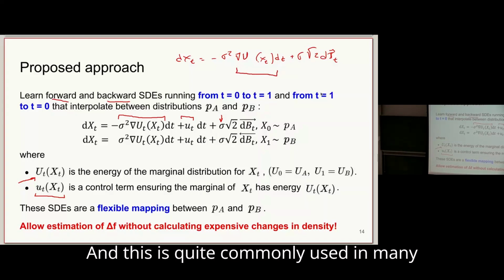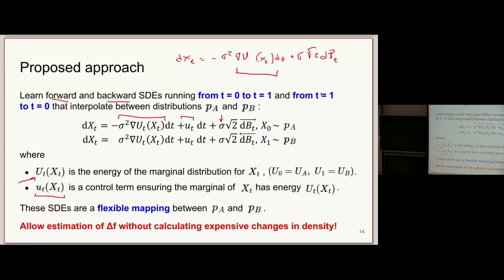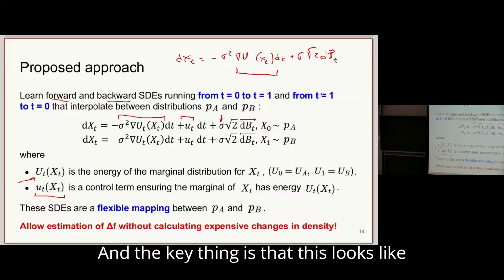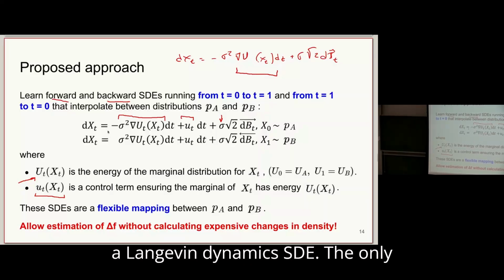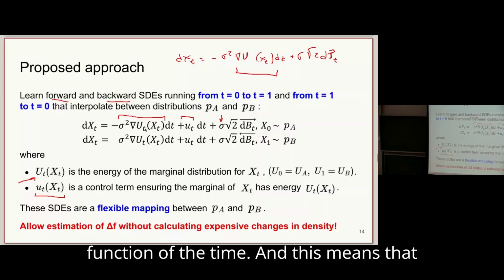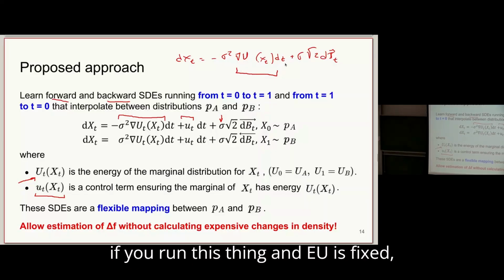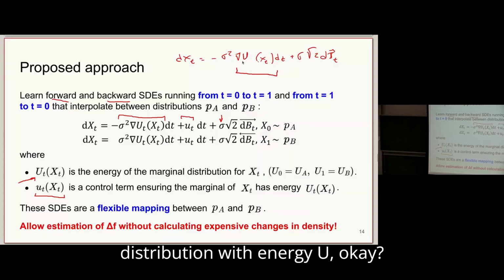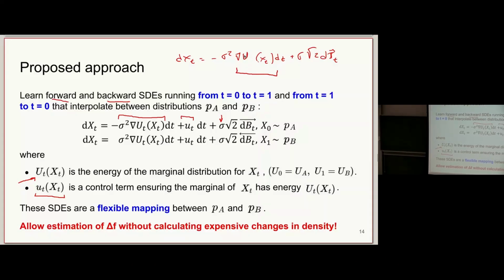And this is quite commonly used in many areas. And the key thing is that this looks like a Langevin dynamics SDE. The only thing is that the energy is changing as a function of the time. And this means that if you run this thing and the U is fixed, you are guaranteed to sample from a distribution with energy U. Okay?